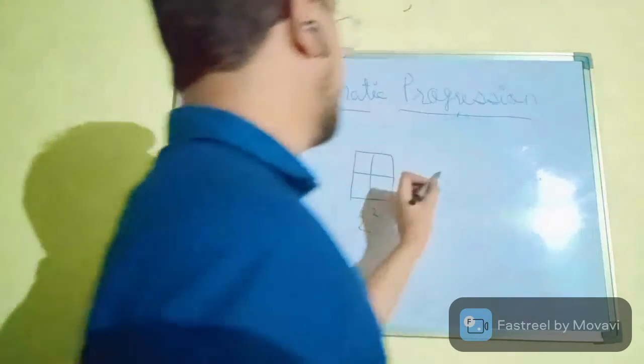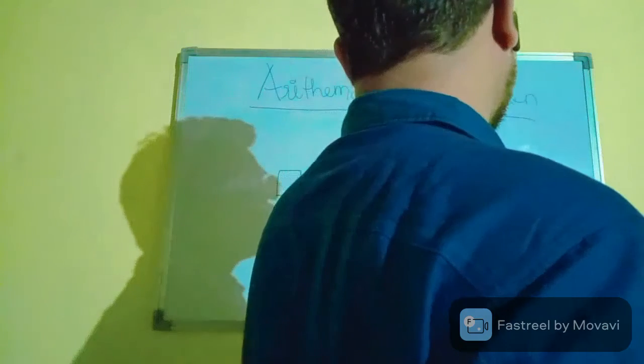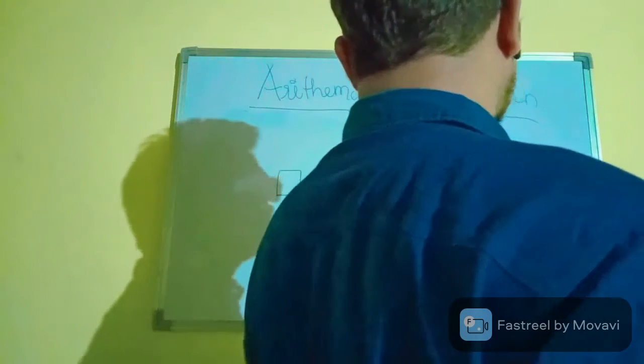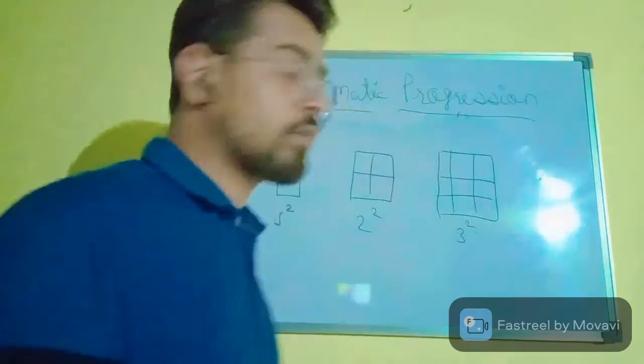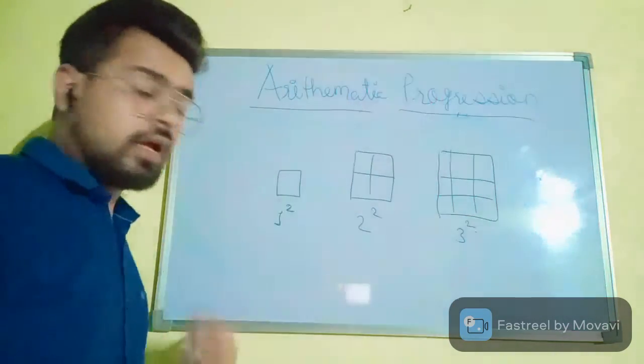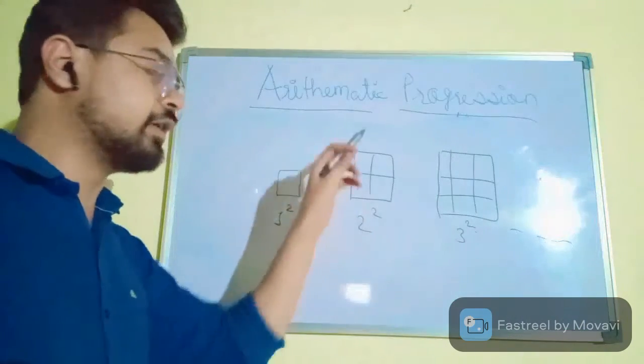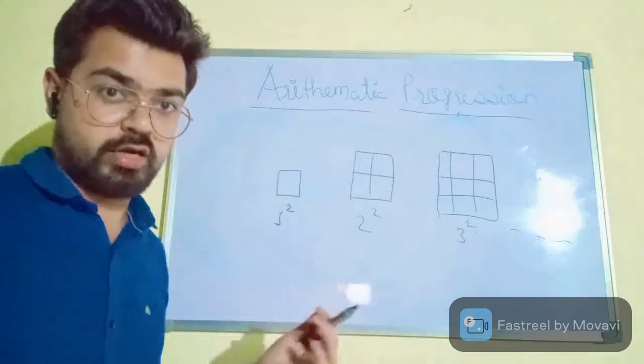Now I increase one more line, so it becomes 3 square, and so on. They follow a pattern: first 1 square, then 2 square, then 3 square. This is also known as a progression.